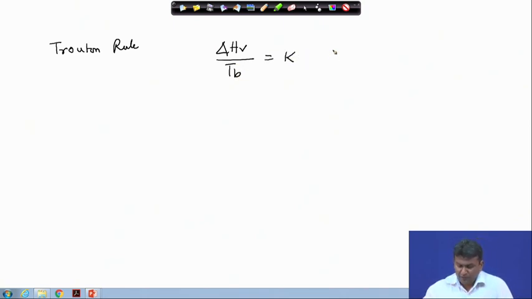The ratio of the molar heat of vaporization of a substance at its normal boiling point to the absolute temperature is constant, and for many materials this constant has a value of 21. A more extended version of the Trouton rule is the Kistiakowsky equation for nonpolar liquids, and from that you can get to the Gamson and Watson equation, and use the reduced pressure and reduced temperature to evaluate delta Hv. All these details I am providing in the handout.